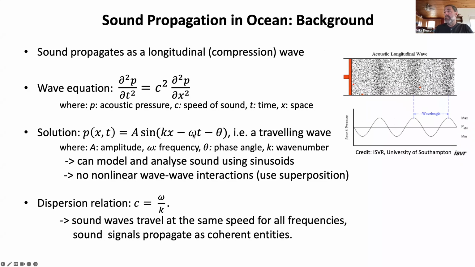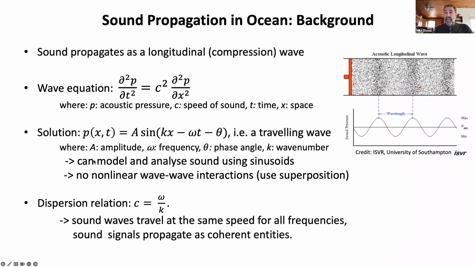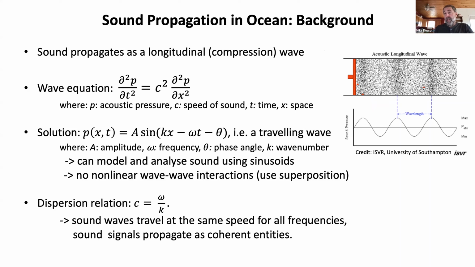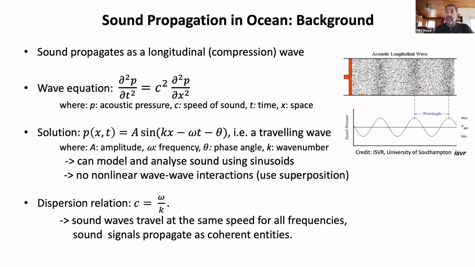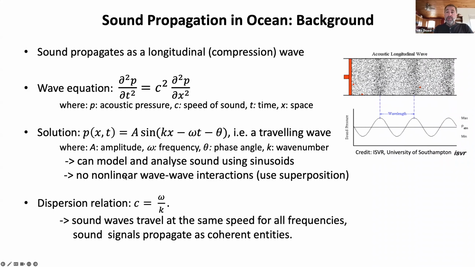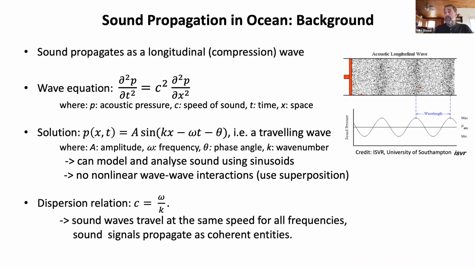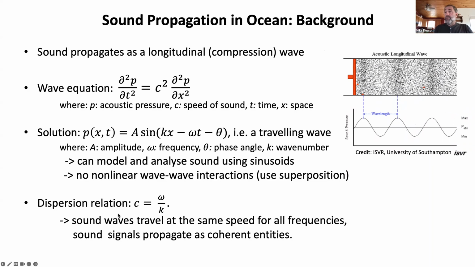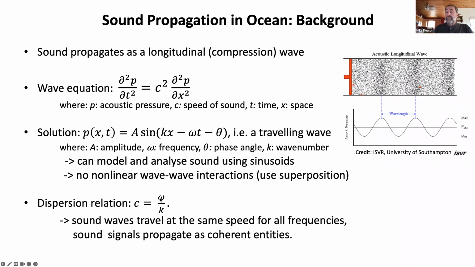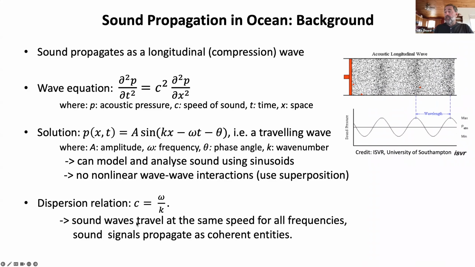The point is that we can model and analyze sound using sinusoids. That leads us to why we use Fourier analysis and spectrograms for everything. The fact that everything's mostly linear means we don't have to deal with a lot of complexities associated with wave-wave interactions.